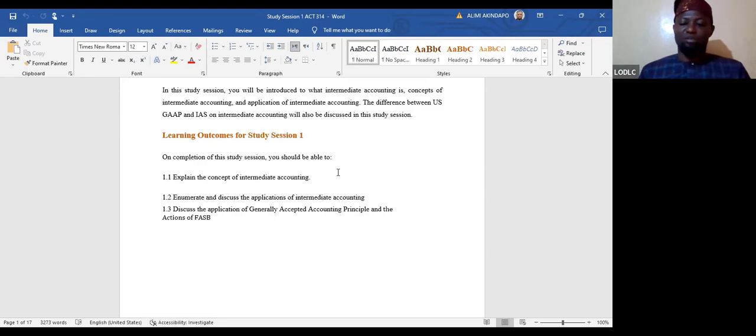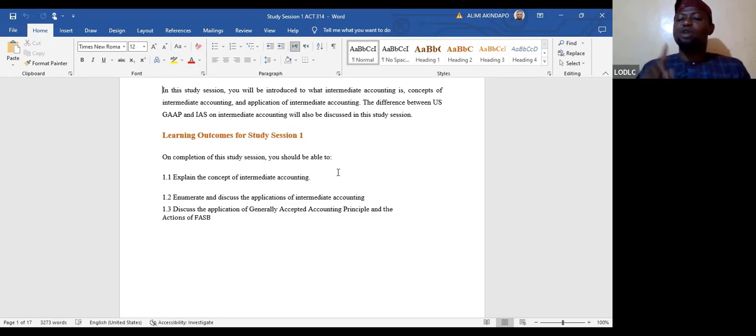If you look at these learning outcomes, you understand that those elements we find in learning outcomes are here. The first element that we discussed the other time is that it is student-centered, in the sense that students are saddled with the responsibility of understanding or explaining the concept of intermediate accounting.